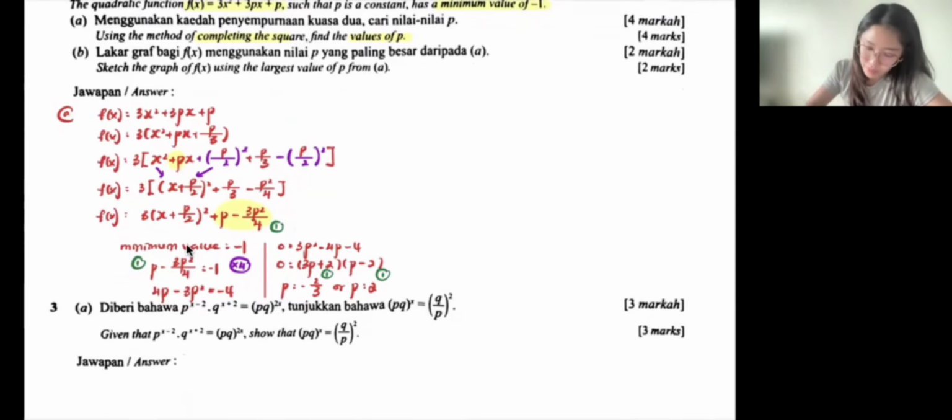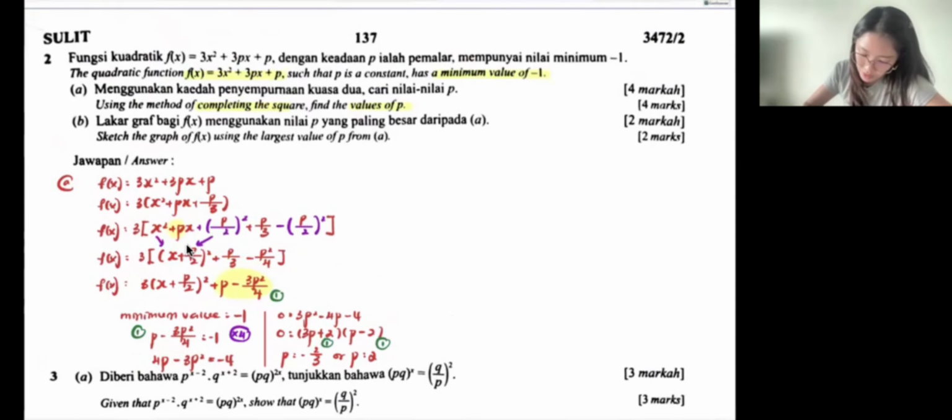All right, then question B. Question B, sketch the graph of f(x) using the largest value of p. Largest value of p is 2. Okay, so what would it be? Okay, it is f(x) equals 3 times (x plus 2 divided by 2, is 1) squared. Okay, then this is 1 minus 3 over 4.